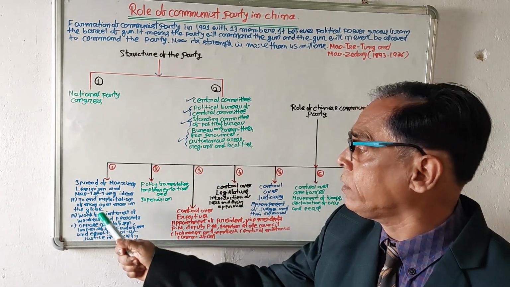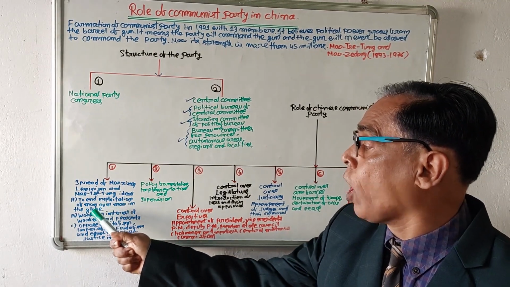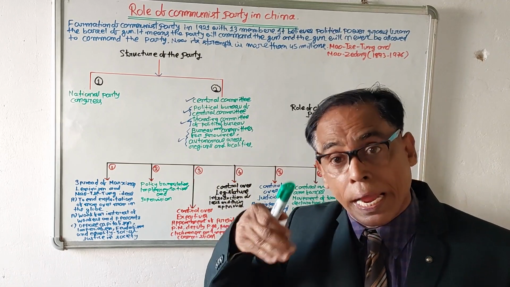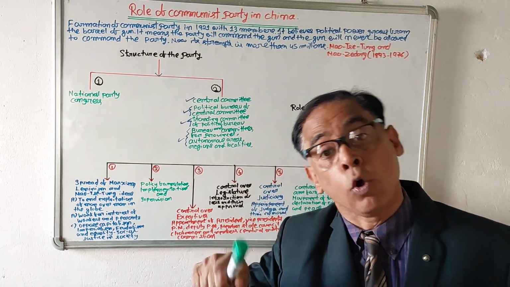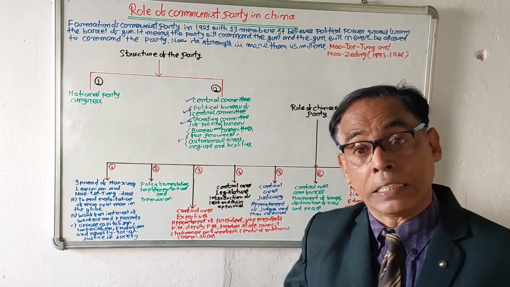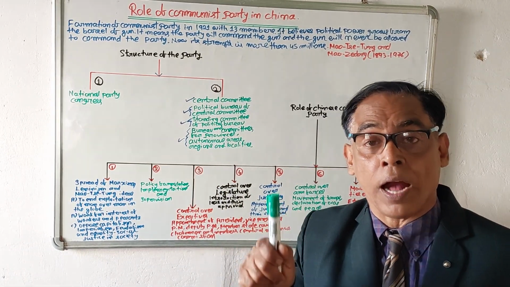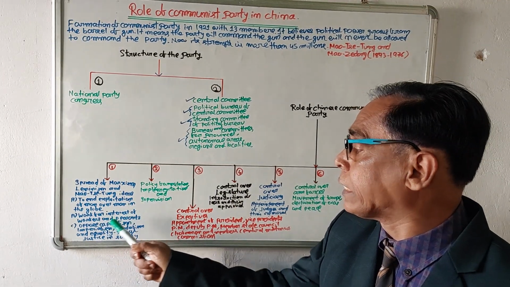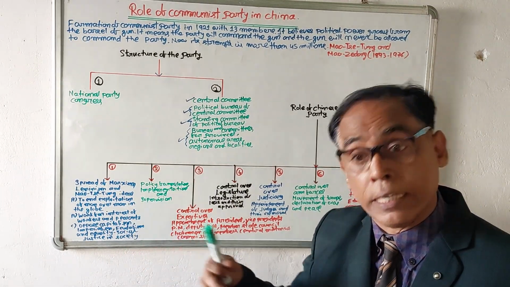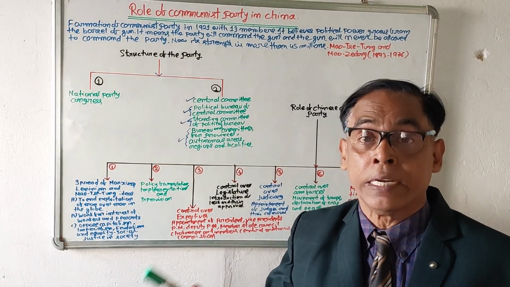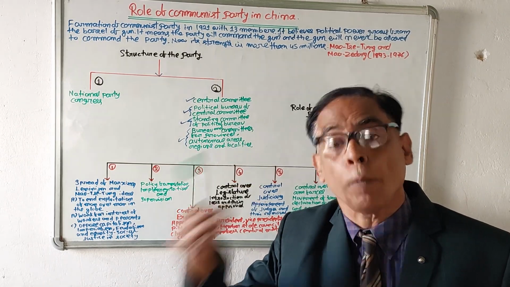Number one idea is to end exploitation of man over man in the globe. The Communist Party targets to end exploitation of man over man from the entire globe. It is the ideology of Karl Marx, Lenin, and Mao Zedong. Number two, it wants to work for the interest of workers and peasants. It wants to fight for the common people.